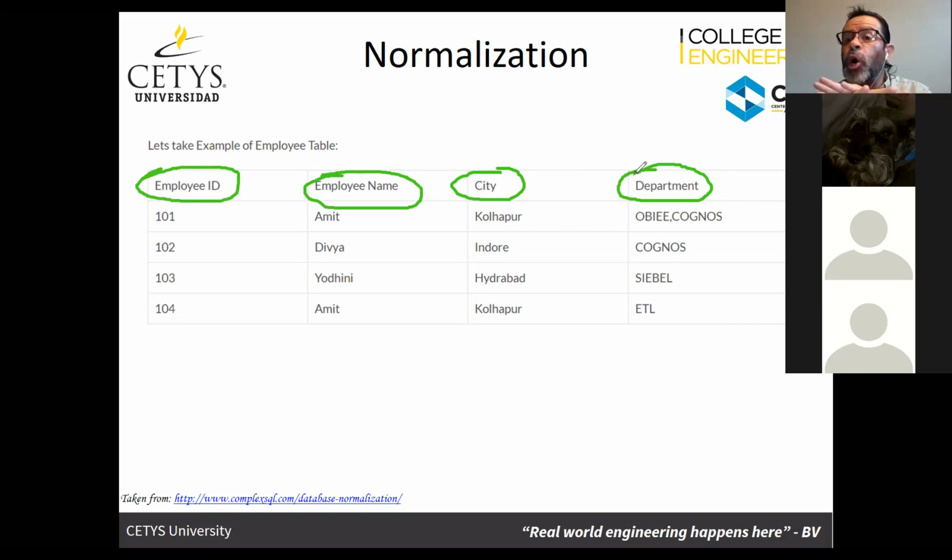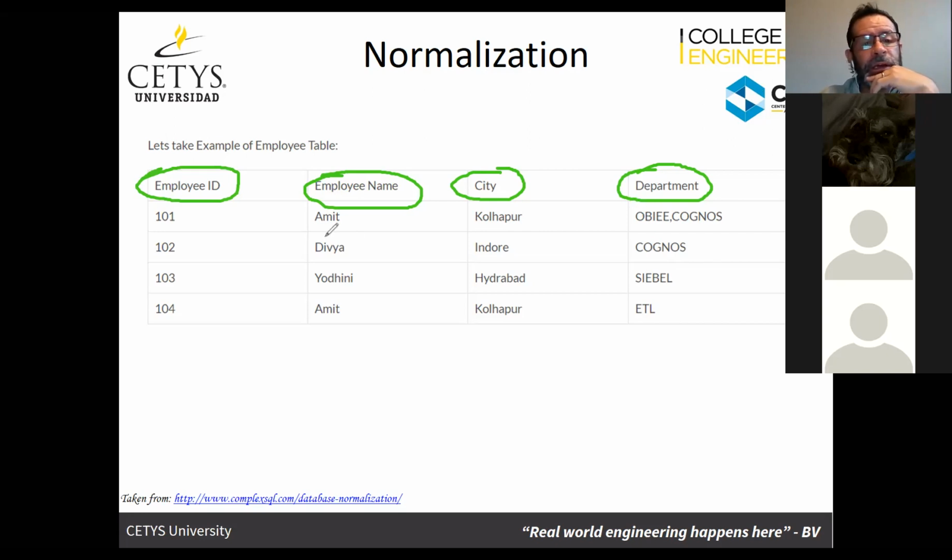Let's imagine that this is the only table we have in our database that has the employees and the departments. What do you notice? What's something odd in the data stored in the table? Anybody? That in one department there are 2 values together. Correct, very good observation.